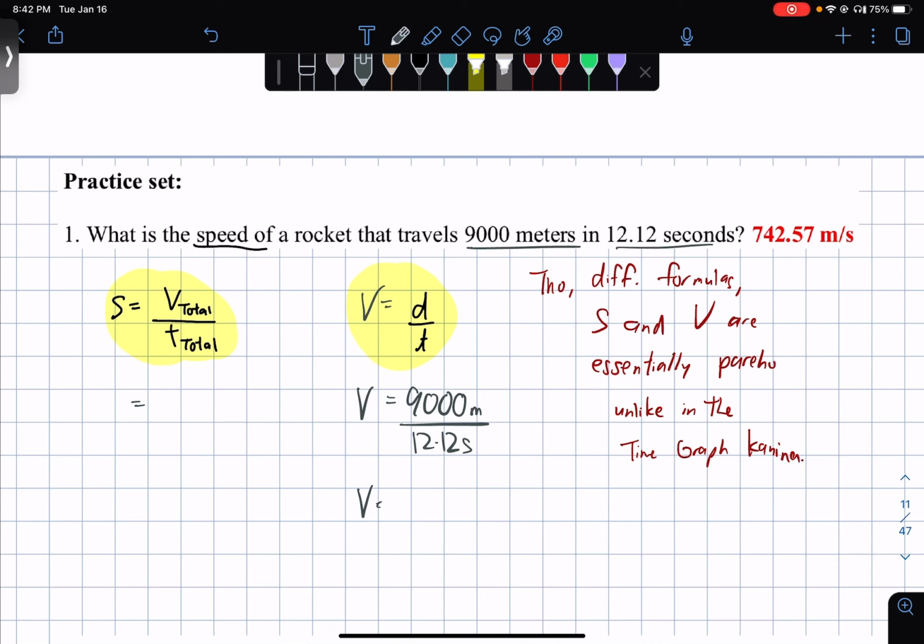Okay, so what is the quotient? Finding the quotient of 9,000 and 12.12, we have 742.57 for 3.